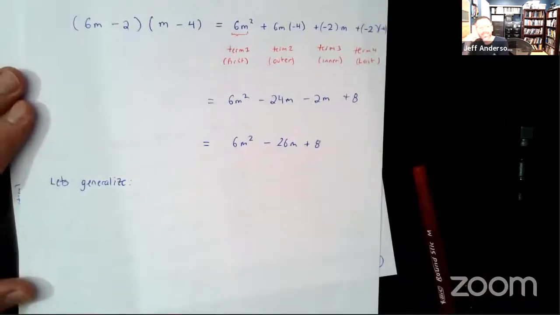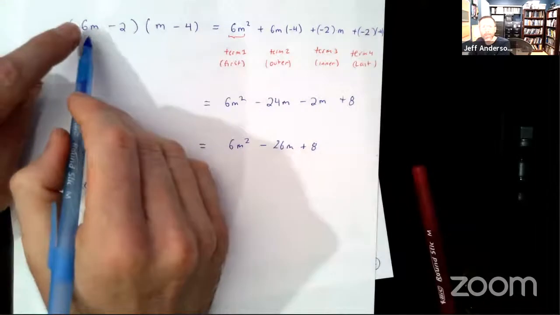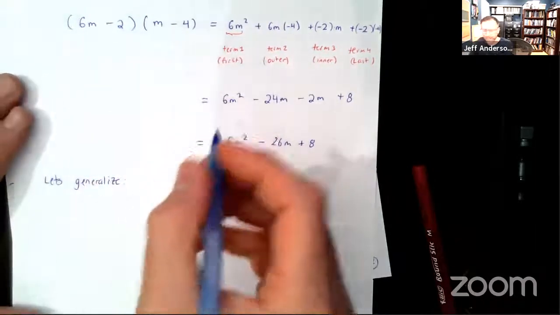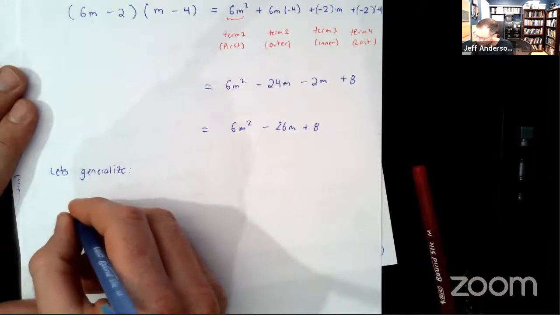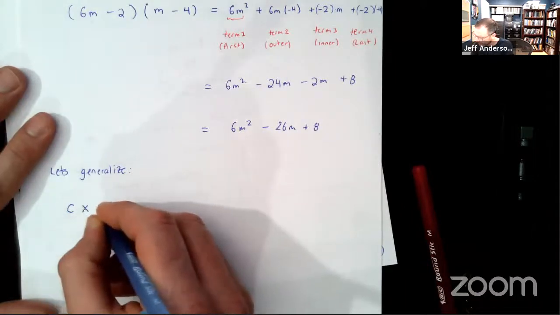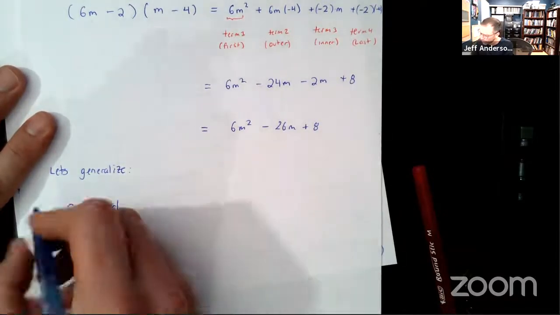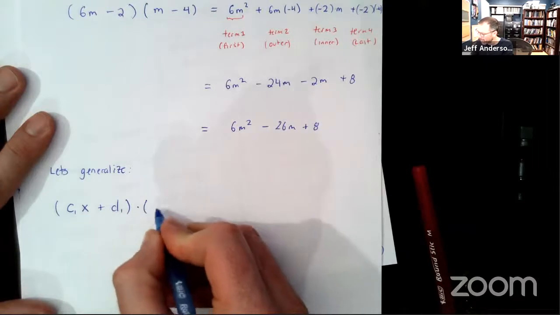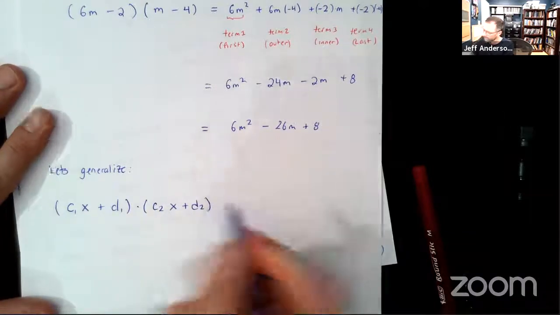And in order to do this, I want to suggest a more general form of this. So what if we were to do C1x plus D1, and then C2x plus D2?